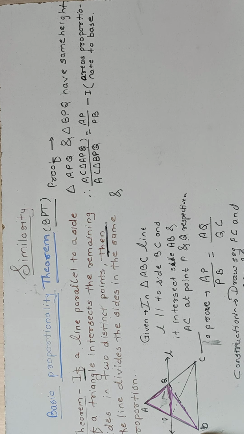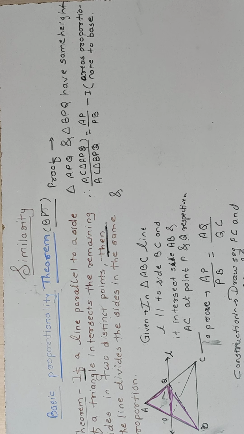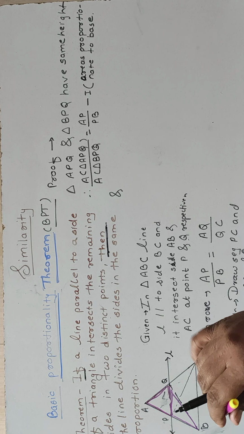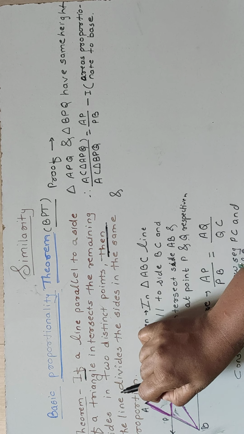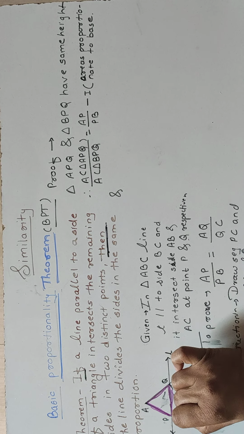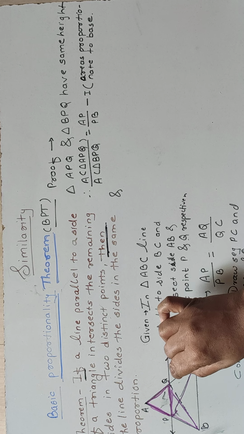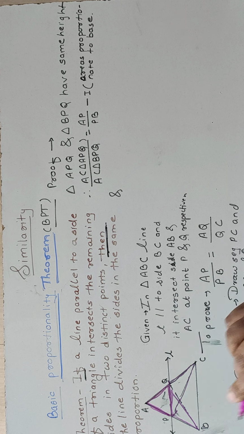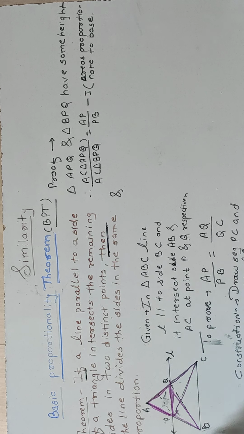Now here we have to take two more triangles: triangle APQ and another triangle PQC. These two triangles we have to take. If you see this, these two triangles also have the same height.